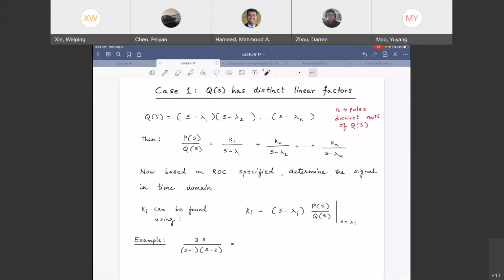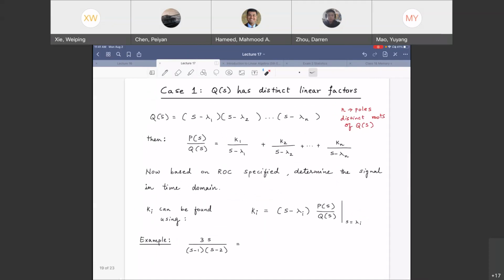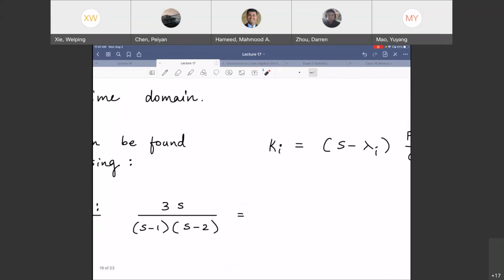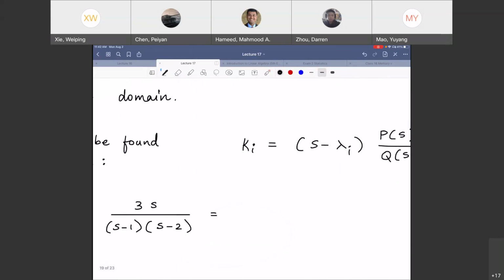Let's try to actually play that out. That was in general, but let's do it for a simple example here. Is this a proper function? Yeah, numerator order is 1, denominator is 2, so it's already a proper function. So I should be able to write it as two fractions, k1 divided by S minus 1 plus k2 divided by S minus 2, right?